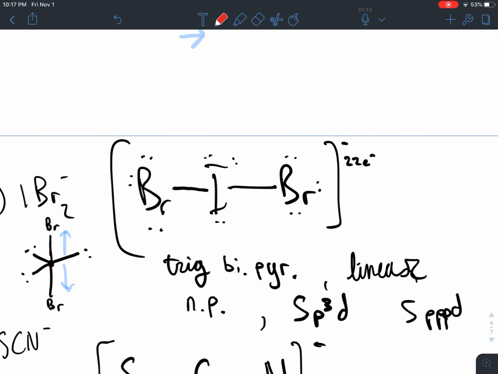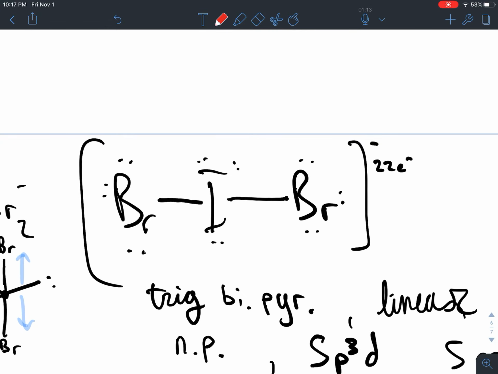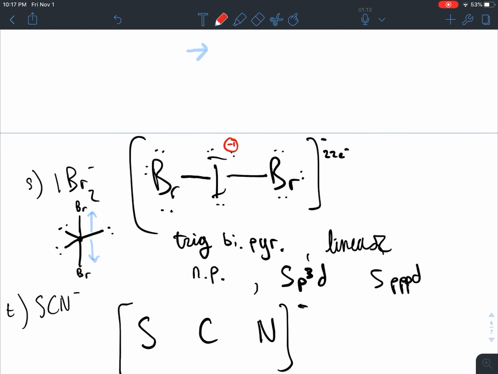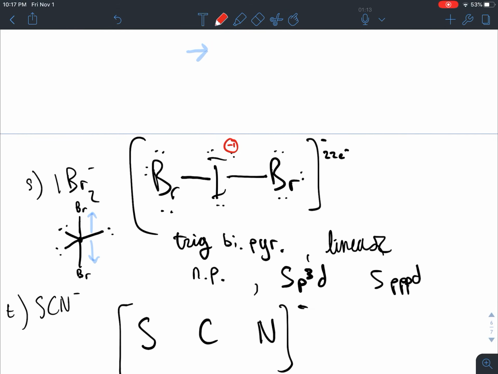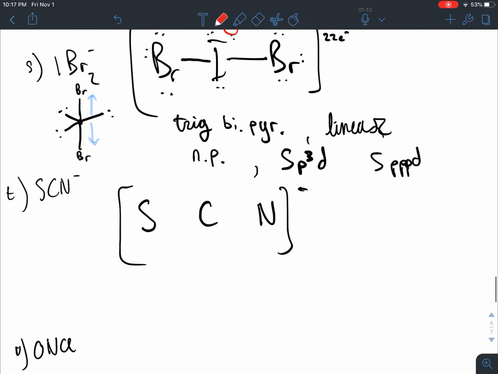That's not 0. Iodine, right here, it wants 7. It has 6, all to its own from the lone pairs, and 2 more, so it has 8, so the formal charge is -1. That's what I would draw.